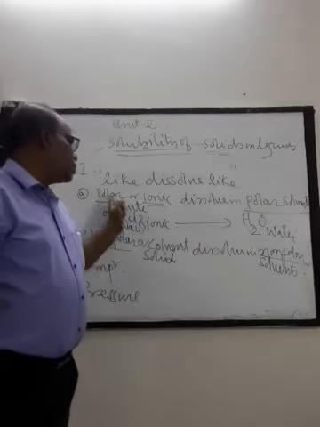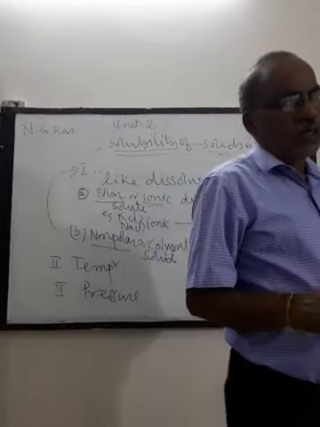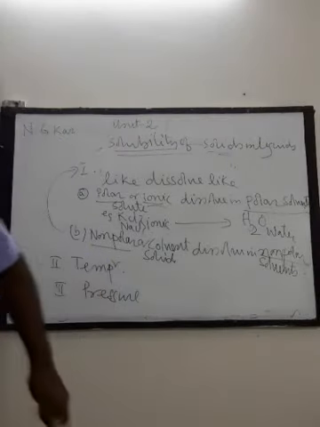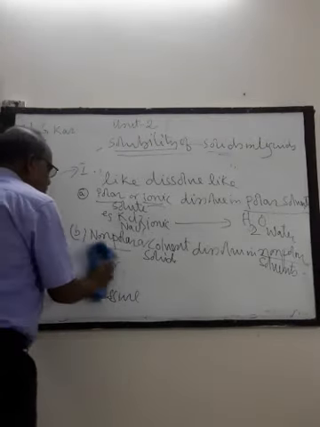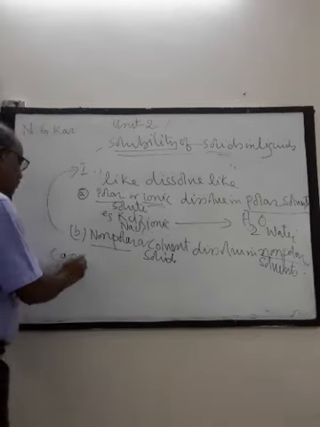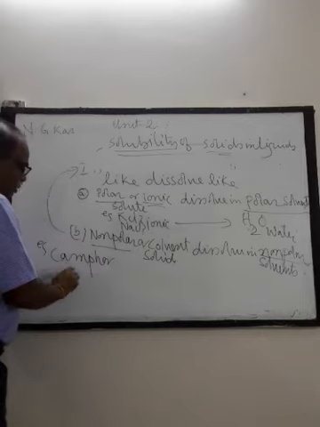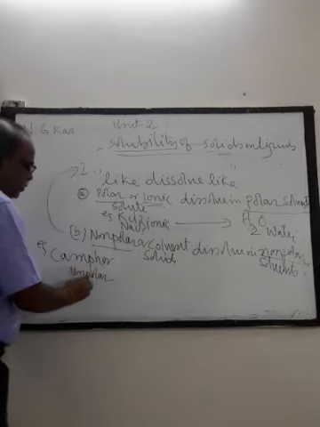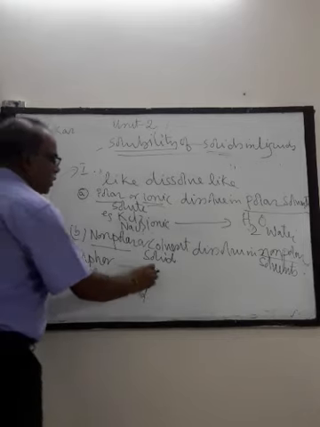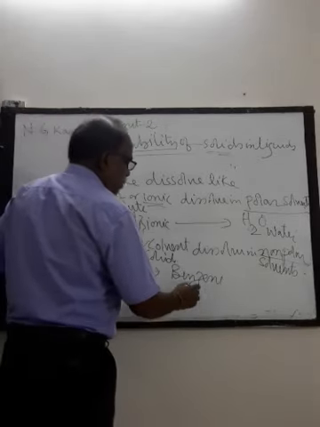So there are two like cases. One both are polar and second one both are non-polar. For example, say camphor, which is a non-polar covalent solid. It dissolves in benzene, which is also a non-polar solvent.